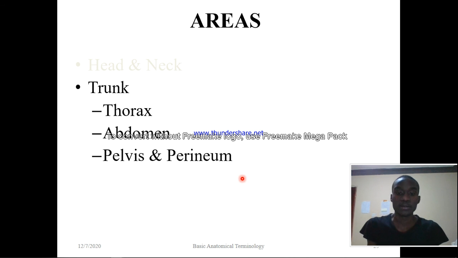The trunk is composed of the thorax, the chest region, the abdomen, and then the pelvis, the hip region. That is the trunk, the second area of the body.